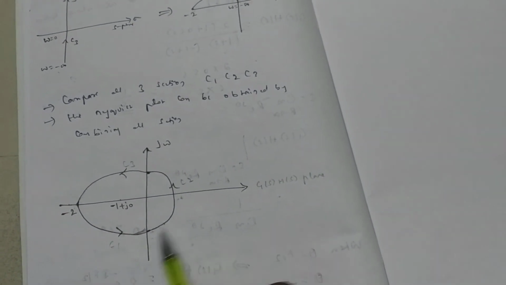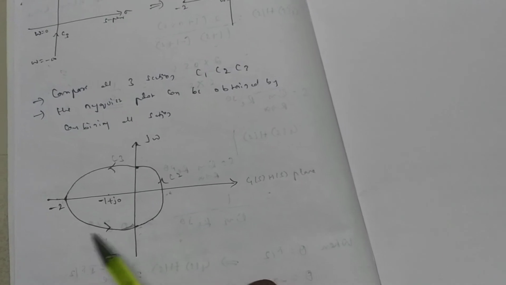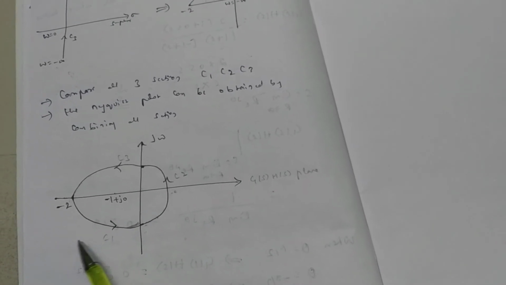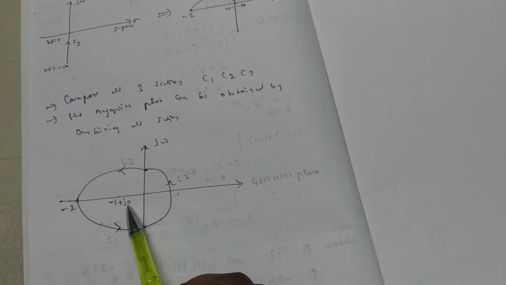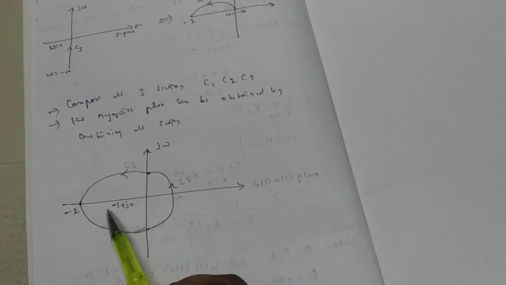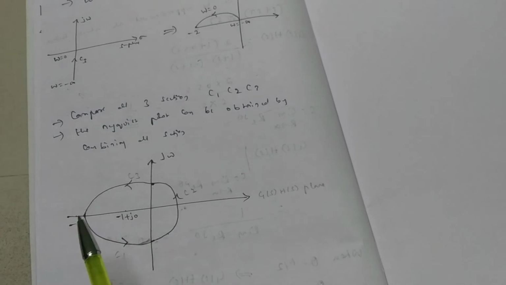See here, it should be in an anti-clockwise direction. The point minus 1 plus j0 is encircled in the anti-clockwise direction one time.